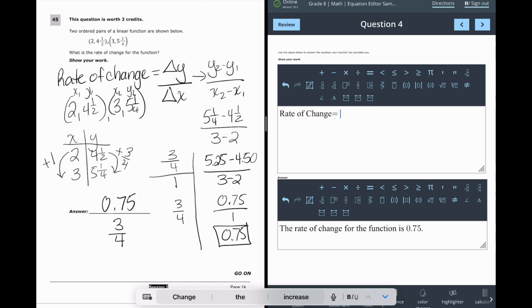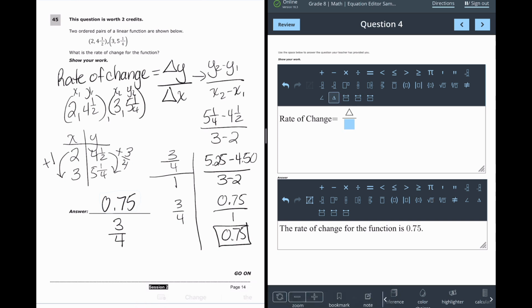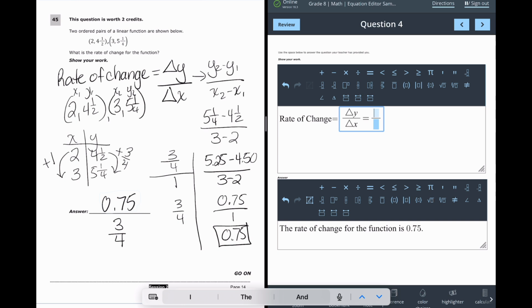For me, I will put change in y over change in x is equal to, and I'm going to put another fraction here.